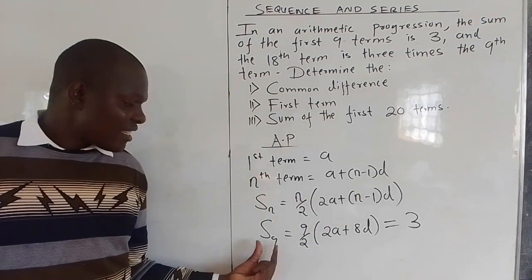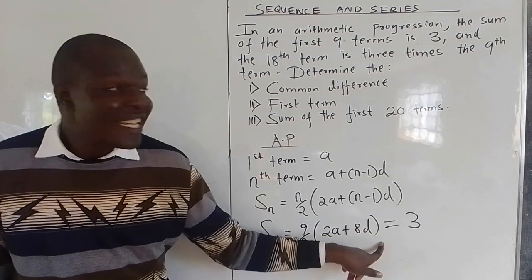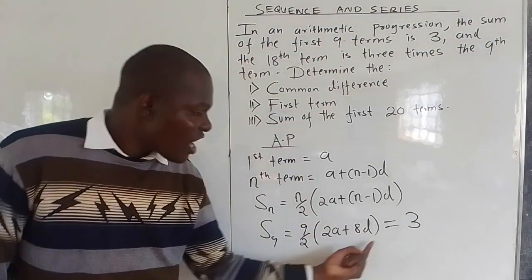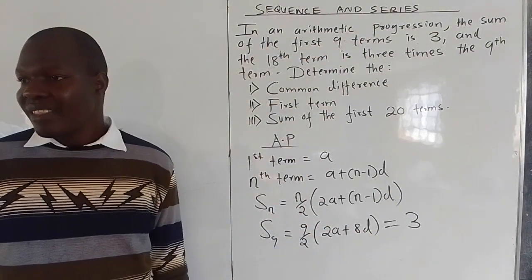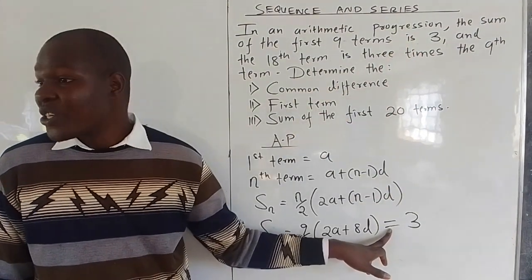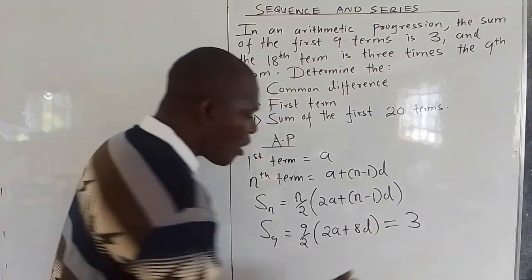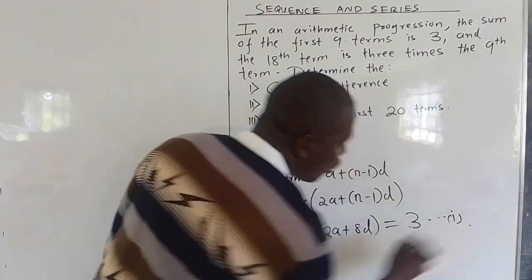So once I put S9, all this implies the sum of the 9 terms, meaning you change the whole of that statement into an expression, isn't it? Then the word "is" makes it an equation, isn't it? Is 3. Like that, you have found the first equation.